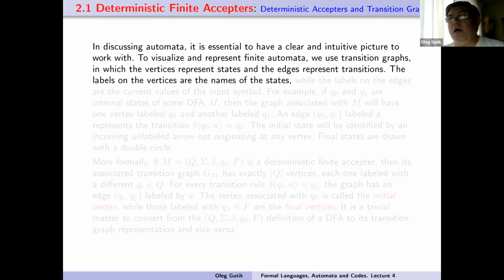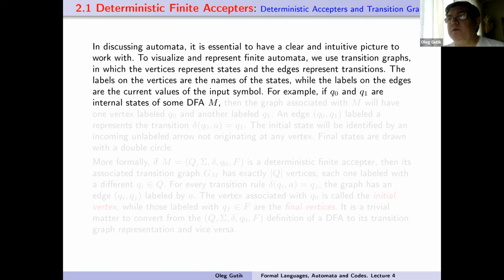The labels on the vertices are the names of the states, while the labels on the edges are the current values of the input symbol. For example, if q0 and q1 are internal states of some deterministic finite acceptor M, then the graph associated with M will have one vertex labeled q0 and another labeled q1.